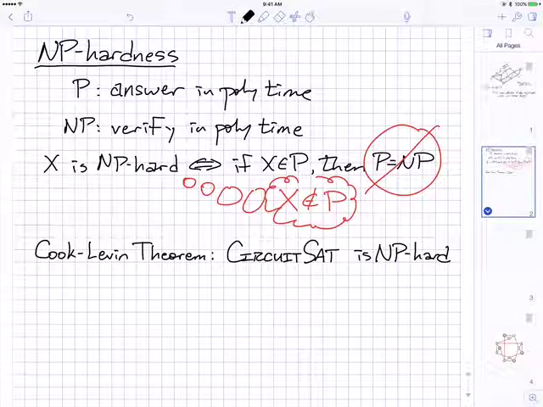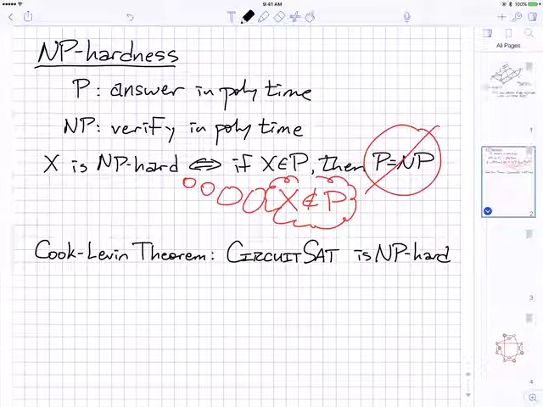So if you recall, circuit sat is the problem whose input is a Boolean circuit, a DAG whose vertices are AND gates, OR gates, and NOT gates, except for input vertices on one side that are all sources, and a single output vertex on the other end, which is a sink.